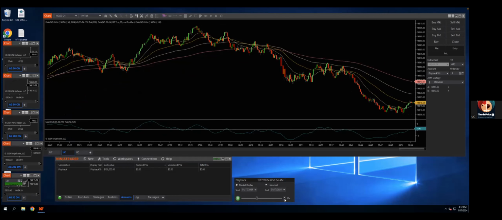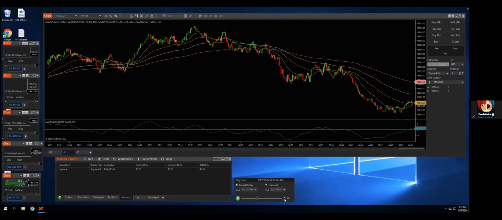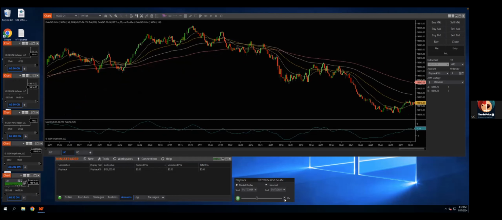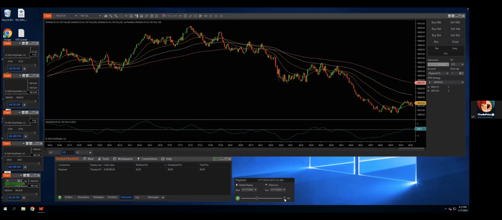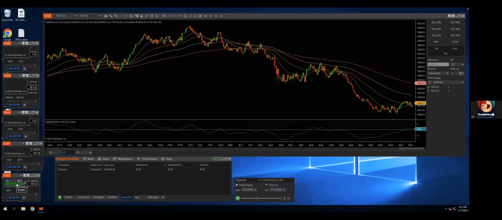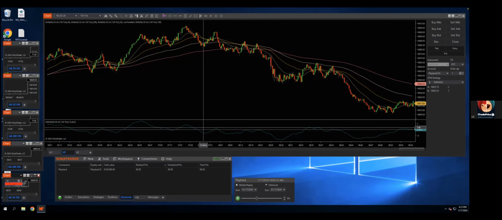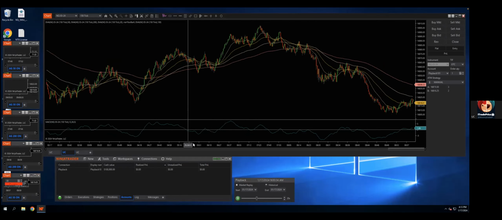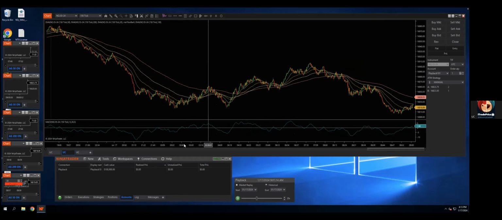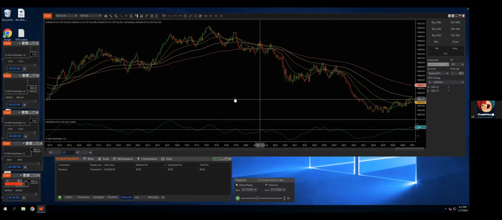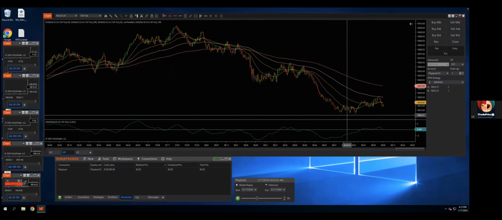It's replaying today's price action. I like the way it looks right now, expanding EMAs, but I'm going to disable it because I'm not quite sure. I like that we're headed down, so I want to get another move down, preferably break this low before I enable it.